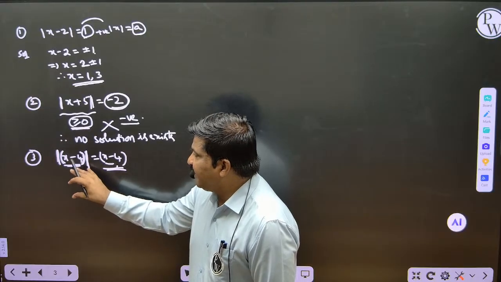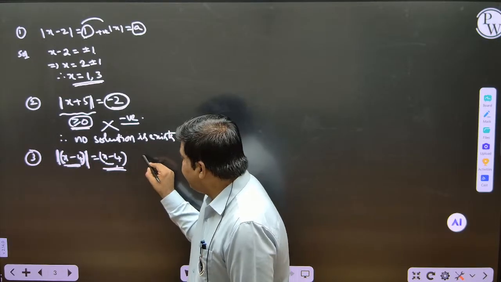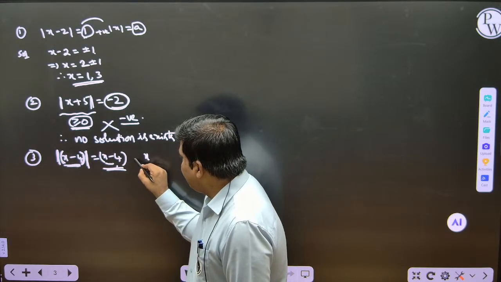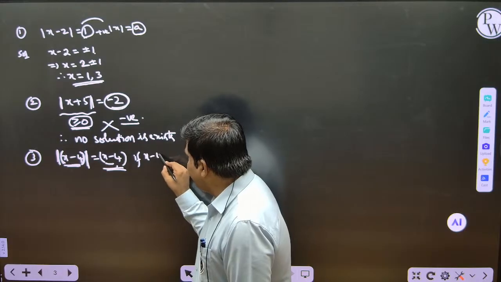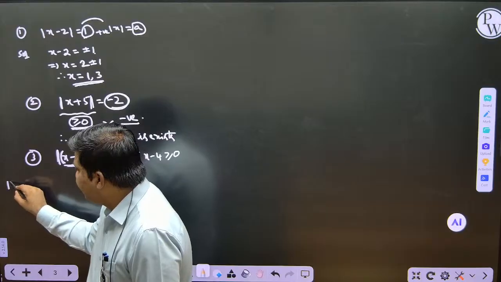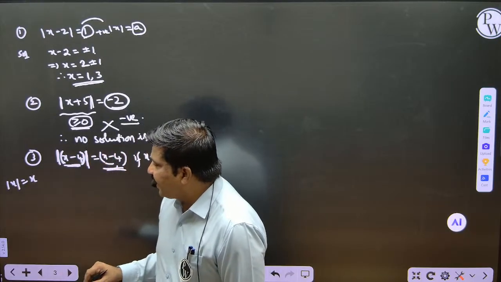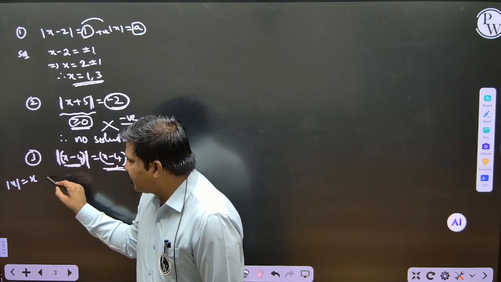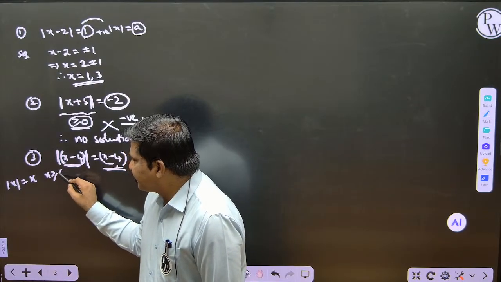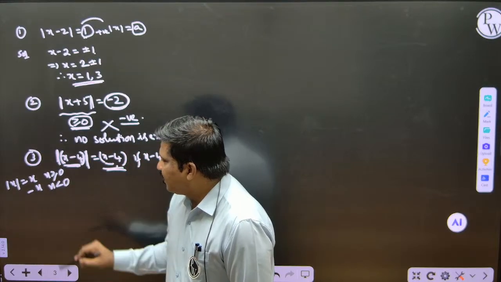That means writing it as it is is possible if the inside of the modulus is non-negative, because I have already told you the definition of modulus of x. I can write modulus of x as x, as it is, when x is greater than or equal to 0, and minus x when x is less than 0.